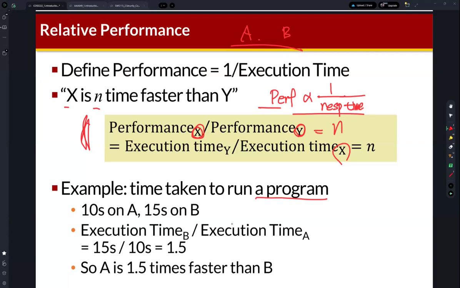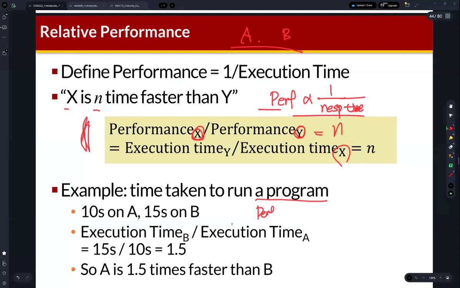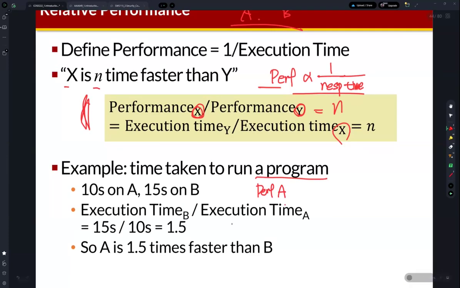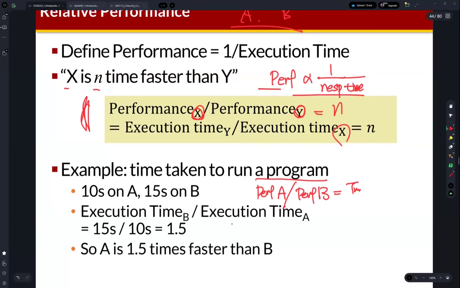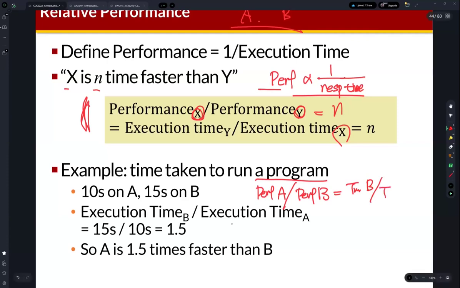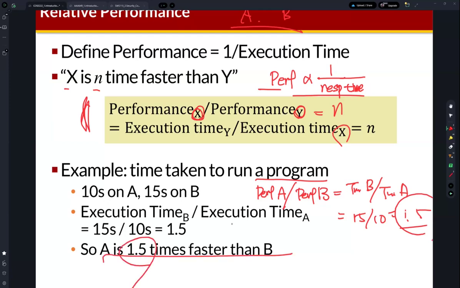We can measure the performance of A divided by the performance of B, and by definition this is the inverse of the response time, so this is the time of B divided by the time of A. It's simple, right? It's 15 divided by 10, so 1.5. This is the final answer: A is 1.5 times faster than B.